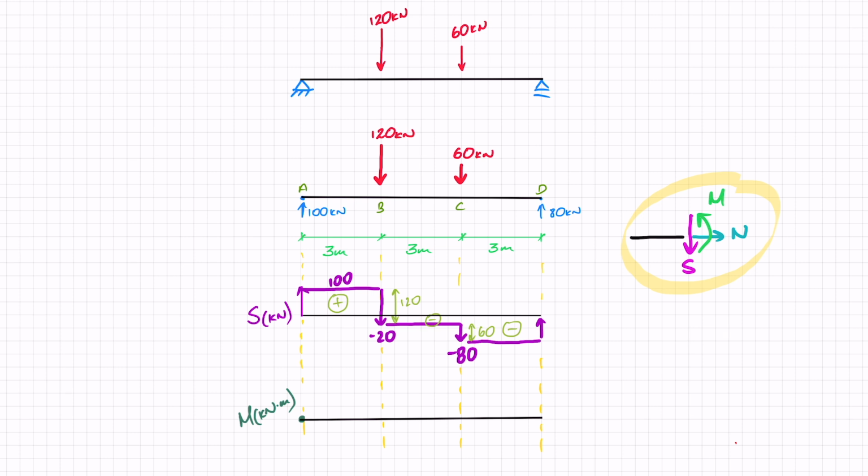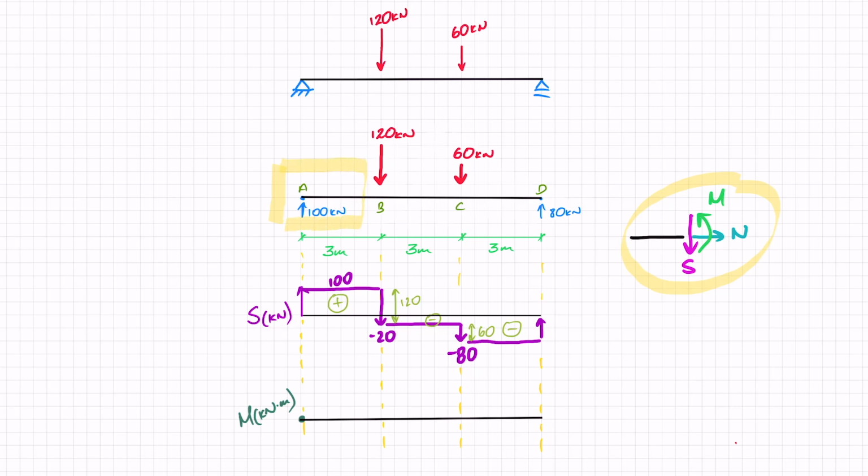Now, when I look essentially from left to right, it's a bit like covering up everything that is irrelevant. If I look at my beam here, what I'm doing now is I'm just looking from A to B, and anything that I don't need is irrelevant.